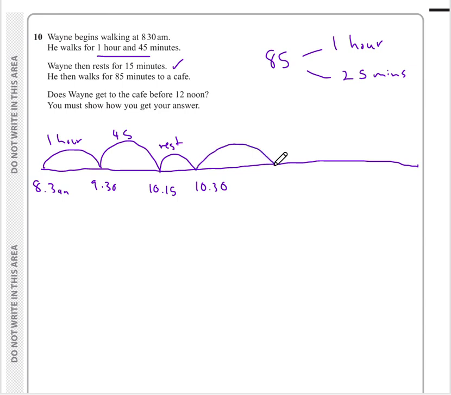So 1 hour is going to take him to 11:30 a.m. and then a further 25 minutes, that's going to be 11:55 a.m. So does Wayne get to the cafe before 12 noon? Yes, he does. So he has 5 minutes to spare before 12 o'clock.